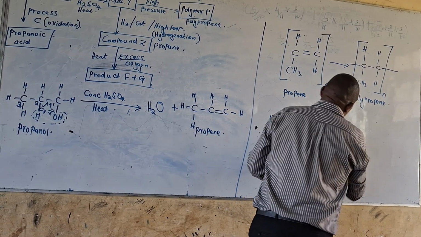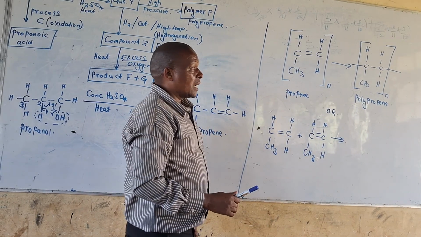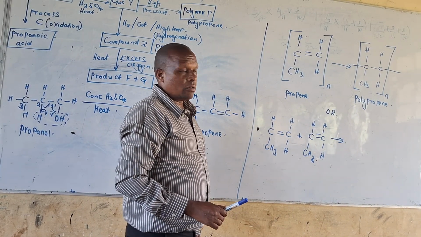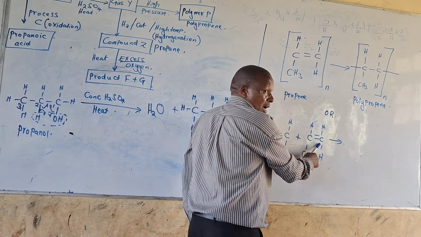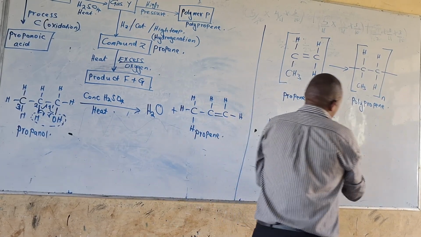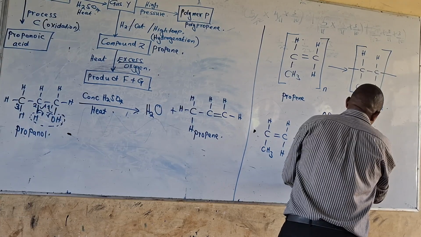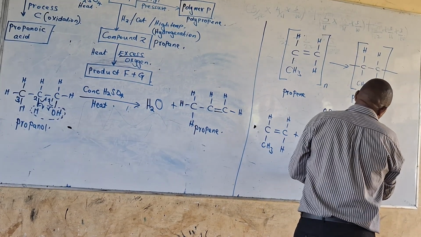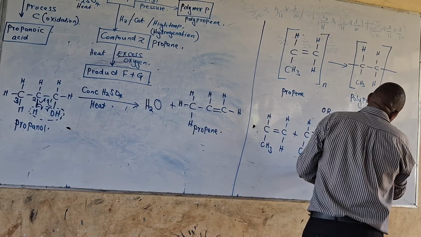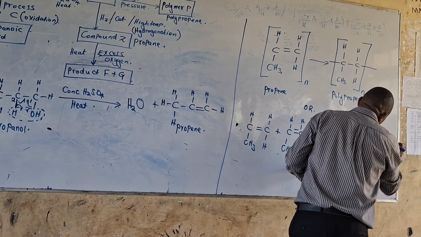What do you do? How many carbons are in the straight chain now? 1, 2, 3, 4. Are you together? So you put a straight line and then you show how many carbon atoms? 4. 1, 2, 3, 4. You extend it like that.